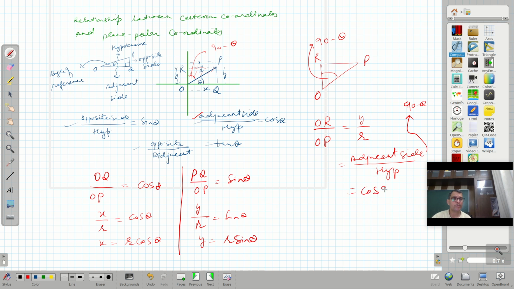From here I can conclude that y upon r is equal to cos of 90 minus theta. So y comes out to be r cos of 90 minus theta, and it is in the first quadrant, and at 90 degrees the t ratio will change, so it becomes r sin theta. So whether I take this type of triangle or that triangle, in both ways I get y equal to r sin theta. These are the different ways to look at these things, right?